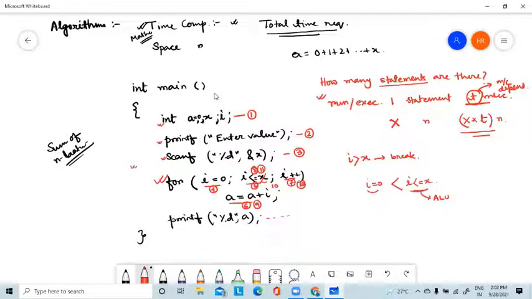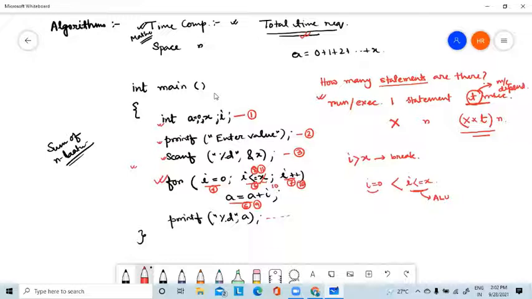So the total time required by an algorithm or a program to execute is not an exact measure to compare betterment or which one is the best. Clear? If I calculate the total time required for a particular algorithm, we cannot say exactly whether it is the best solution or not.